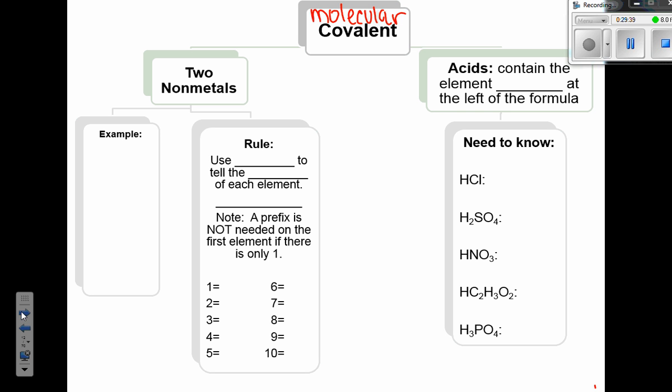So, this is going to be 2 nonmetals. An example of 2 nonmetals bonded covalently would be this one. How would we name this? Hydrogen monoiodine.